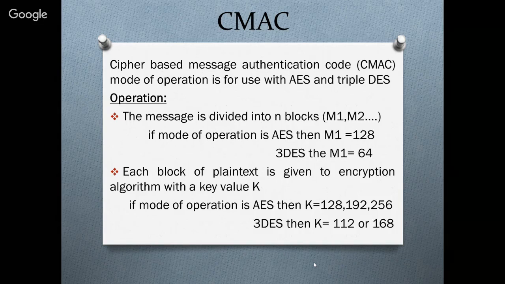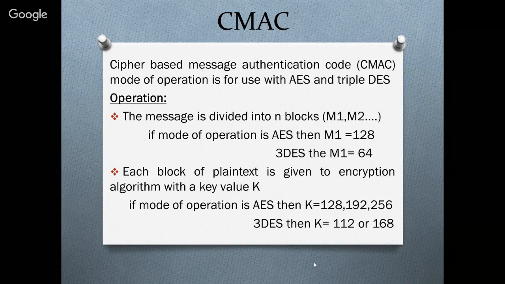Before giving the key value to the algorithm, the message is divided into a number of blocks. According to the bit size requirements of the algorithm, the plain text blocks are given to the encryption algorithm along with the key value, and it produces the ciphertext.